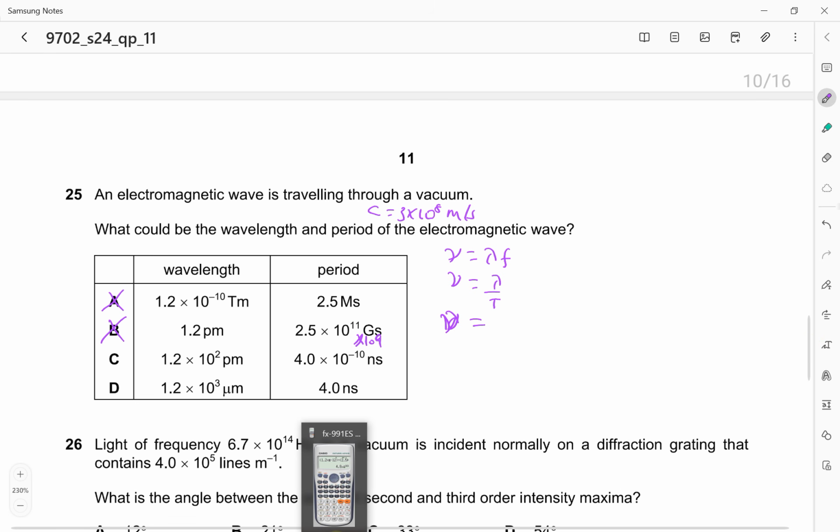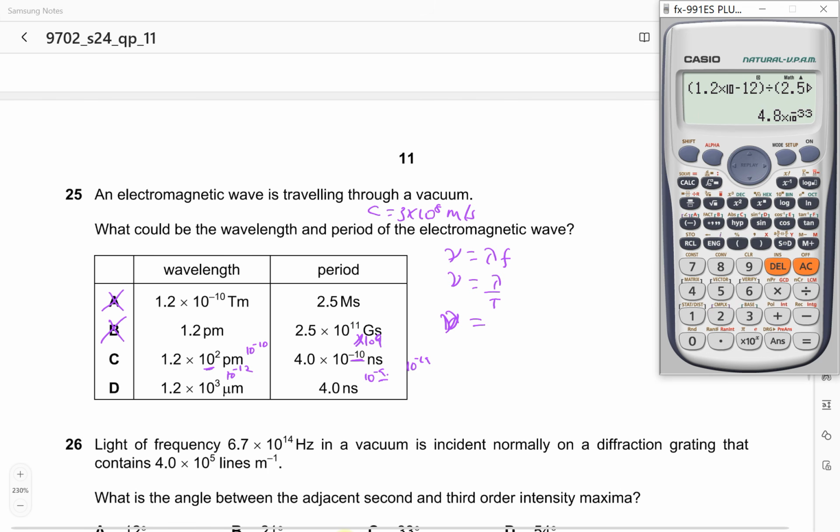Then the third one, remember pico is 10 to the power of minus 12, and nano is 10 to the power of minus 9. So 10 to the power of minus 12 times 10 to the power of 2, we add the powers, becomes 10 to the power of minus 10. 10 to the power of minus 10 and 10 to the power of minus 9, we add the powers, becomes 10 to the power of negative 19.